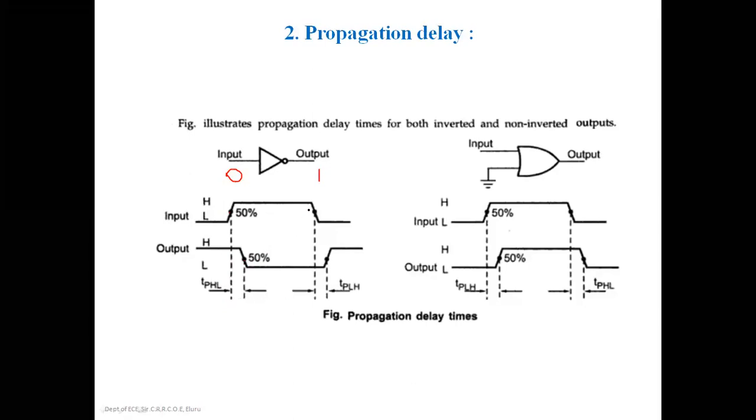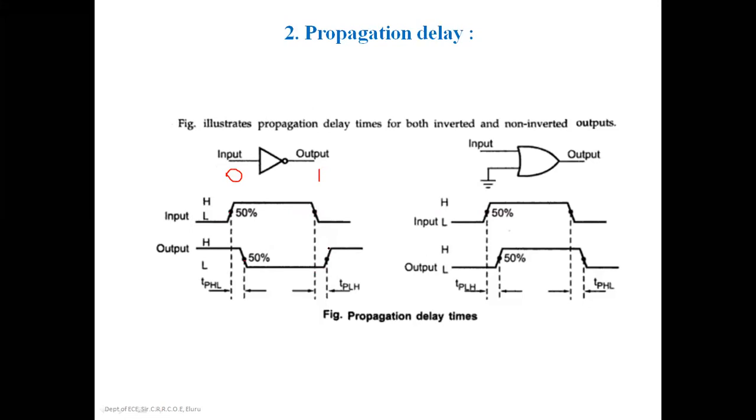Similarly, in the next pulse the input is changing from high to low, and corresponding to this there will again be a change at the output. Now the transition is high to low at the input and low to high at the output.